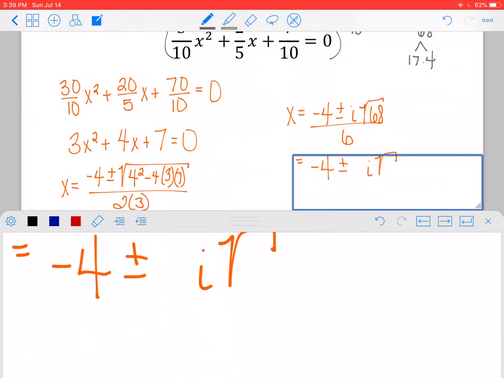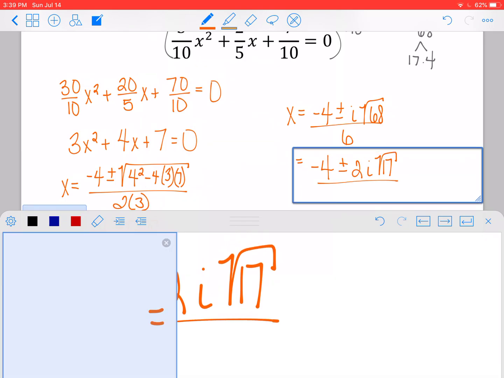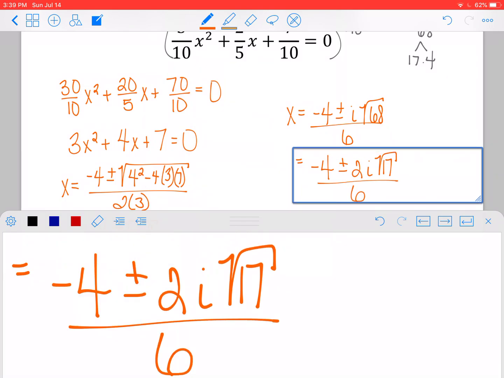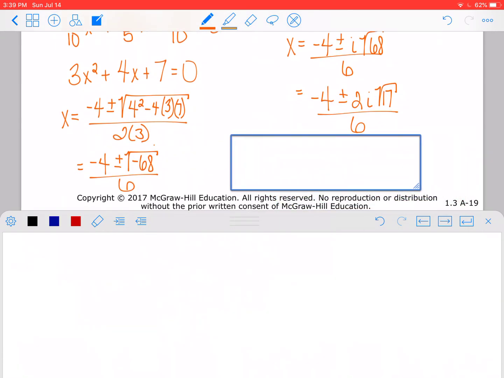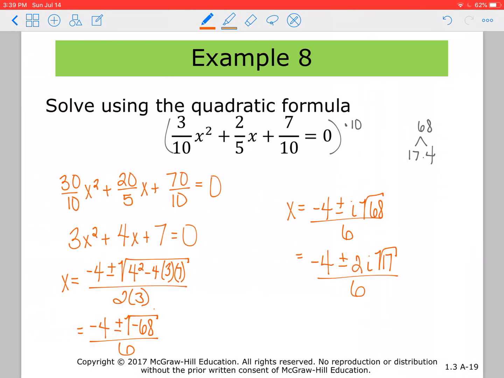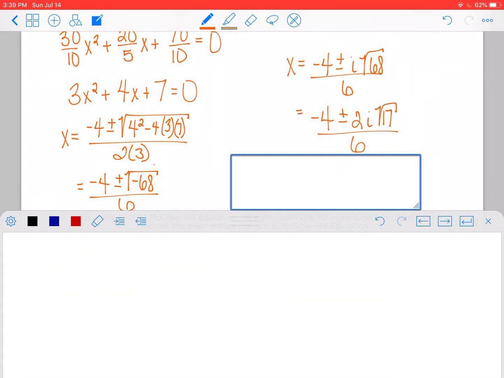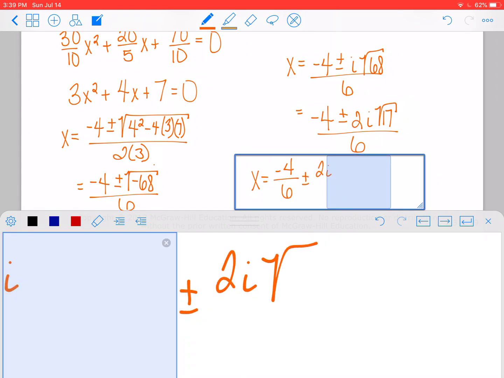So we've got negative 4 over 6 plus or minus 2i square root of 17 over 6. And of course that can be reduced to be negative 2/3 plus or minus i square root of 17 over 3. And so there is our solution set.